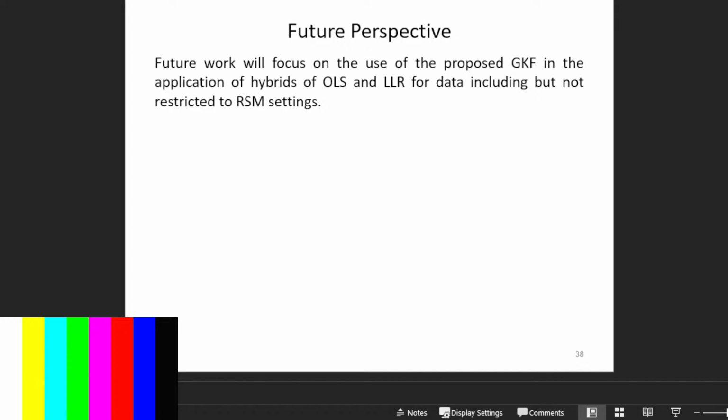Basically, from the assumption of LLR itself, the only assumption I made is about the kernel.